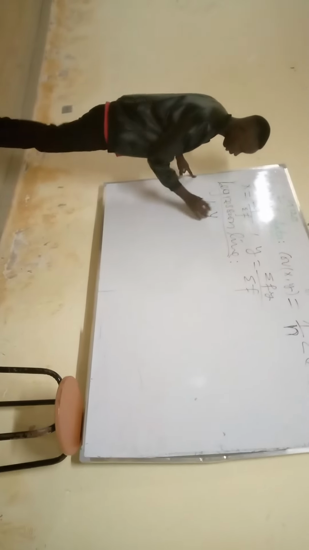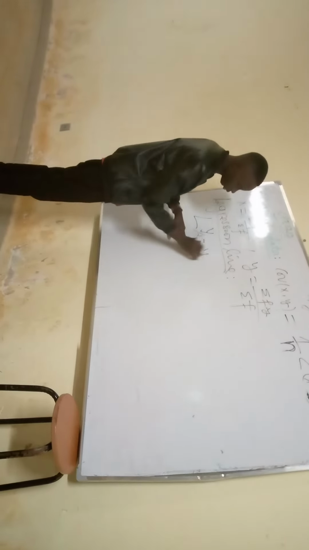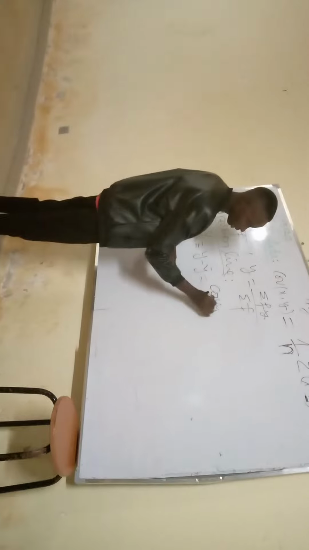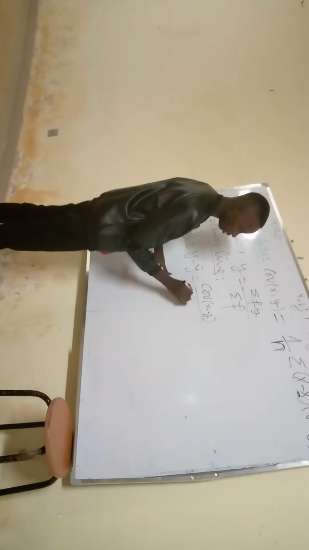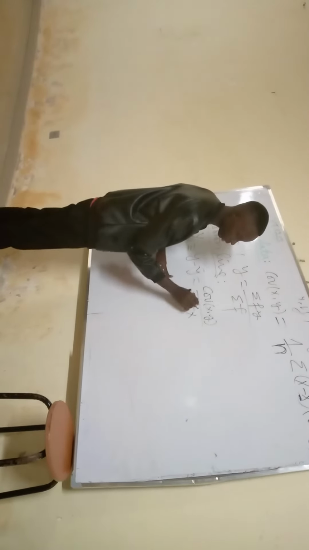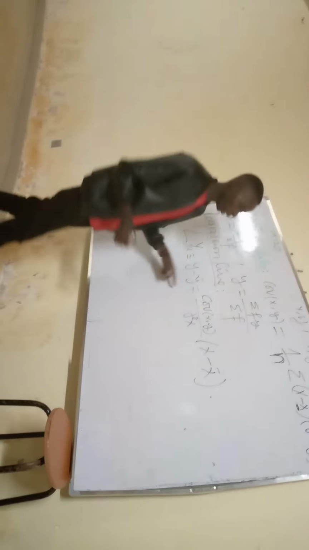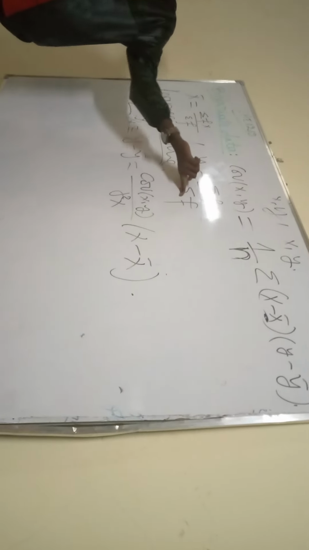The equation of the regression line of y on x, with given x, is: y minus y mean equals covariance of x, y over variance of x, times x minus x mean, where the covariance can be calculated by this formula, and the x mean and y mean can be calculated by these formulas.